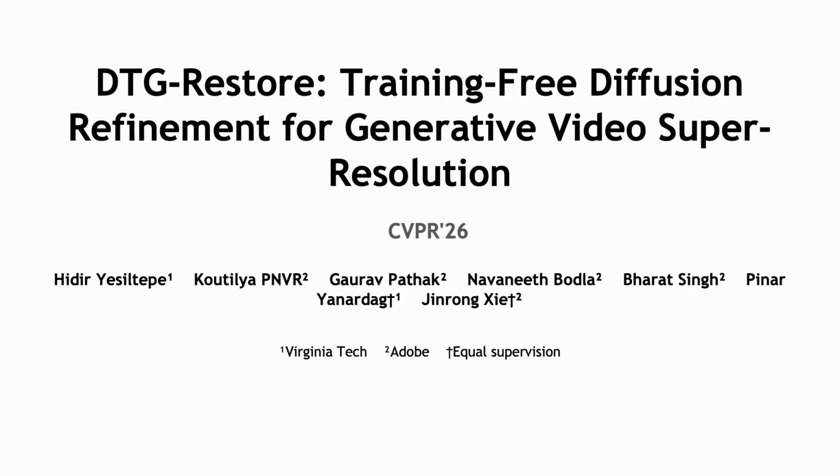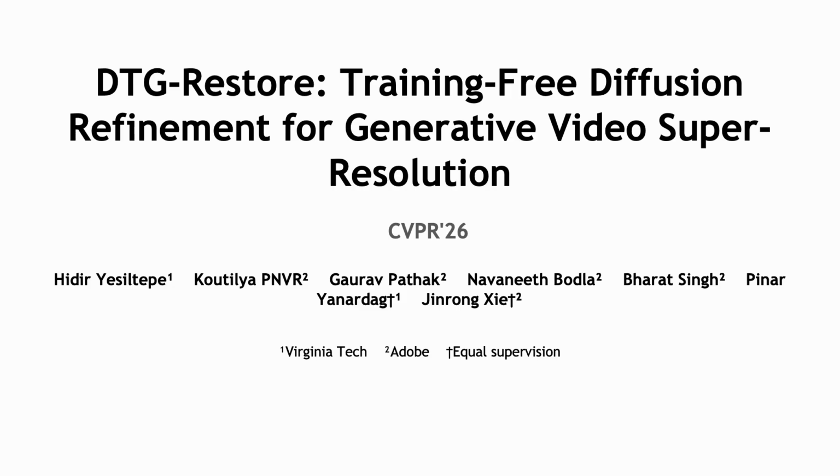Today I'll present DTG-Restore, a training-free diffusion refinement framework for generative video super resolution. This is a collaboration between Virginia Tech and Adobe, supervised by Pinar Yenarda and Jinrong Xie.